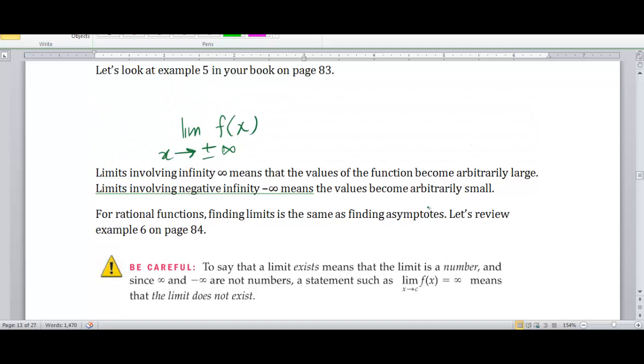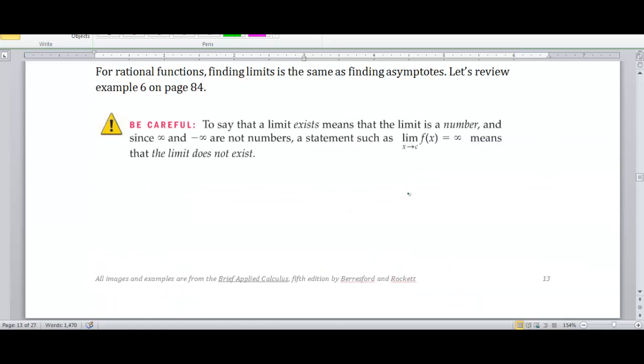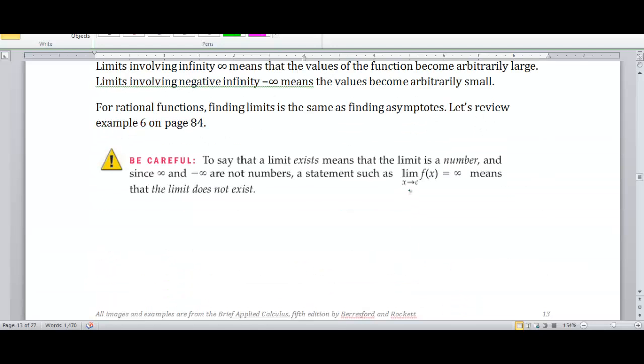So when it says limits involving infinity, or if it talks about end behavior, you want to write these 4 limits. You want to say what happens as x approaches positive infinity of the function. You want to find what happens as x approaches negative infinity.